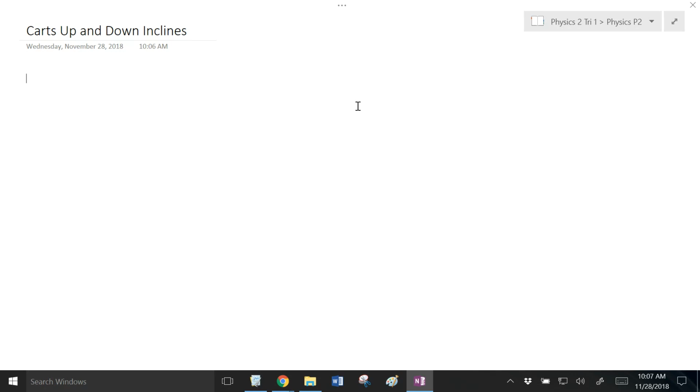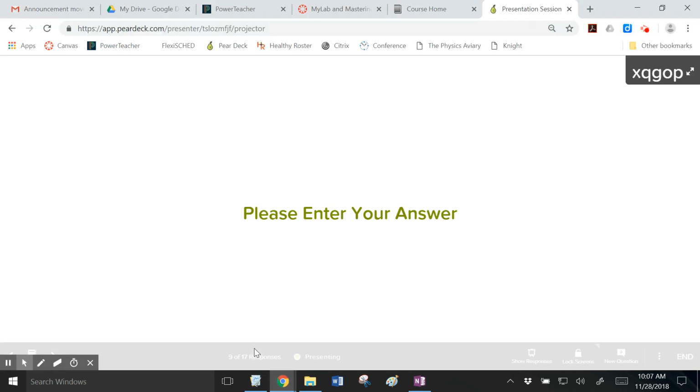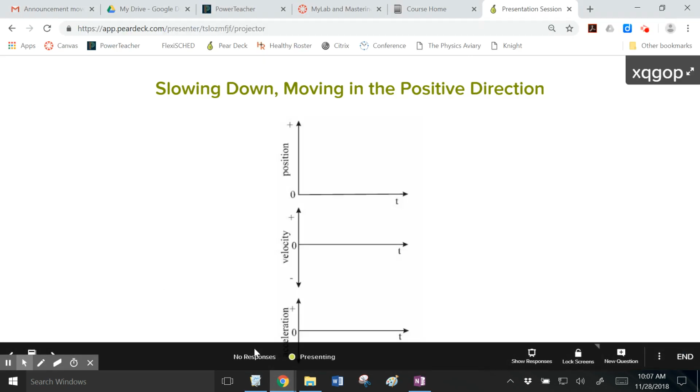Think about what's happening here in terms of motion. It's interesting once it leaves my hand, push, pounce. So go ahead and draw that on the left side of your sheet. What's that going to look like for a position versus time graph? And once you've thought about it, go ahead and draw that on the Pear Deck.